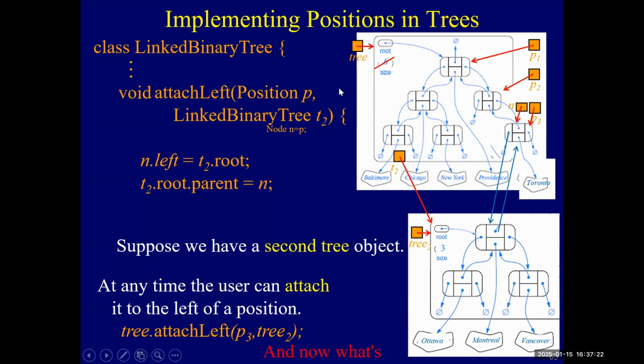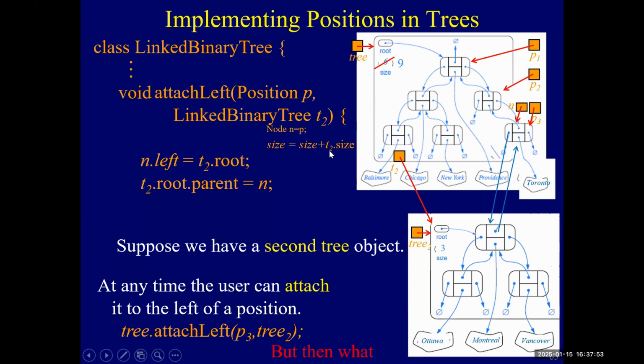And now, what's our new size? 9. I trust your math, but we've got to say our new size. Here I just say size. Why can't I just say size and not tree dot size or something? It's because I'm actually inside of that tree.